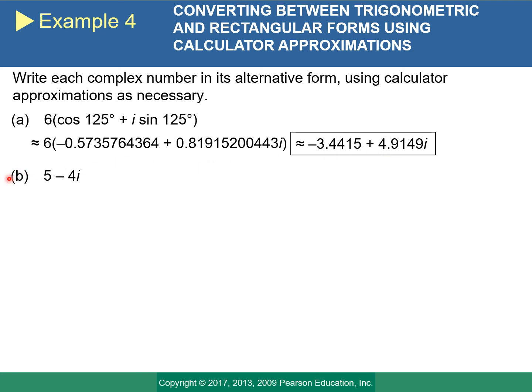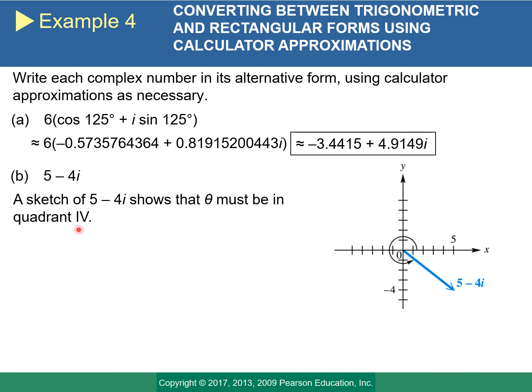Okay, now let's try part B. And hopefully you remember from our last example, this one's going to be a little bit more work because we're going to trig form, to polar form. So this is going to require our 3 steps. Step 1, let's sketch this complex number, or the vector landing at this point. This gives us a vector in quadrant 4.